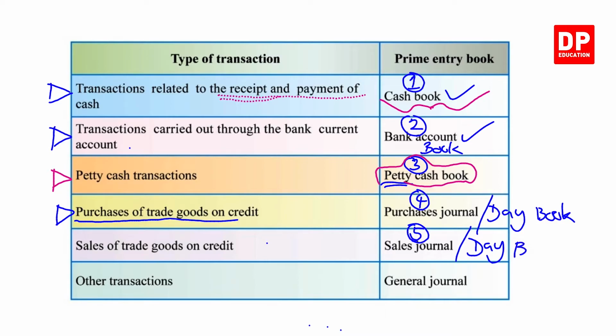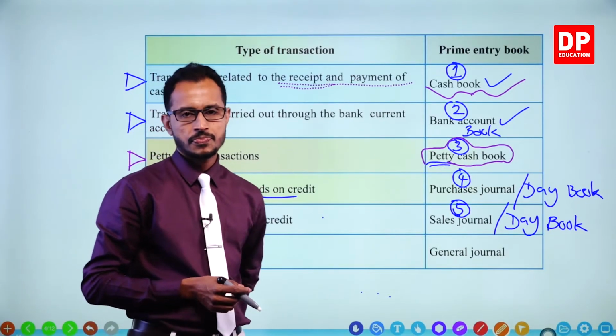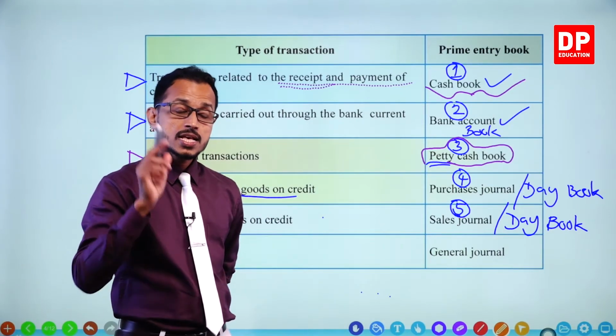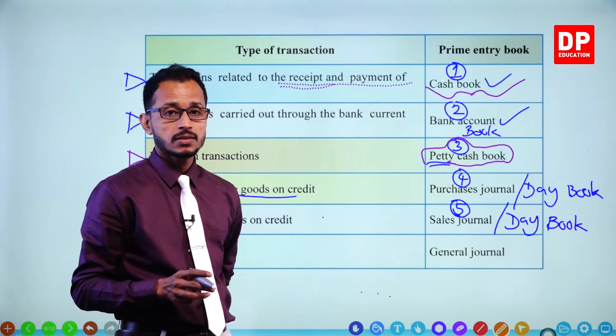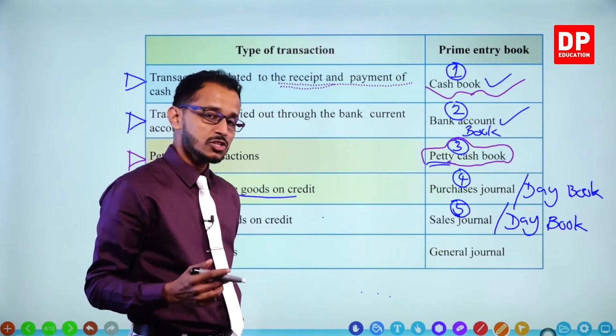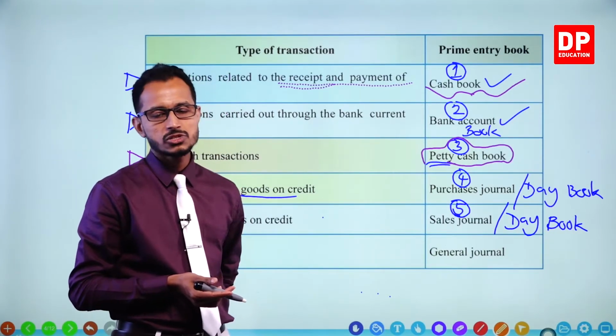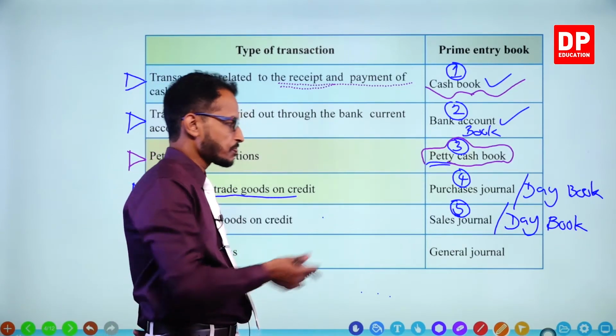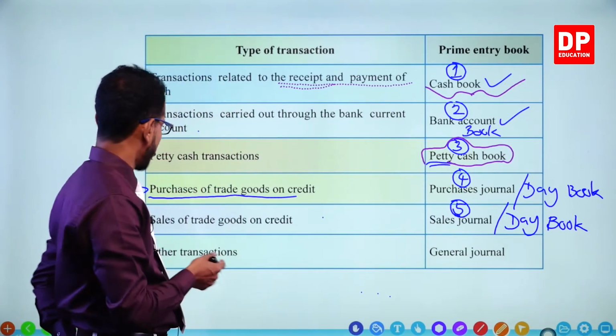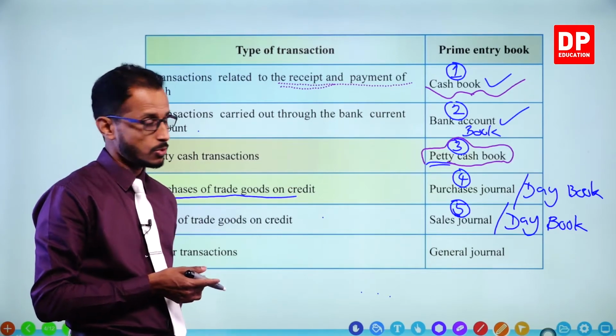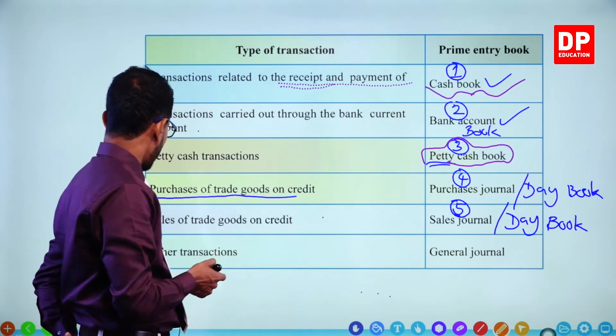Sales journal or sales day book. Credit sales of goods should be recorded in the sales day book. Right.